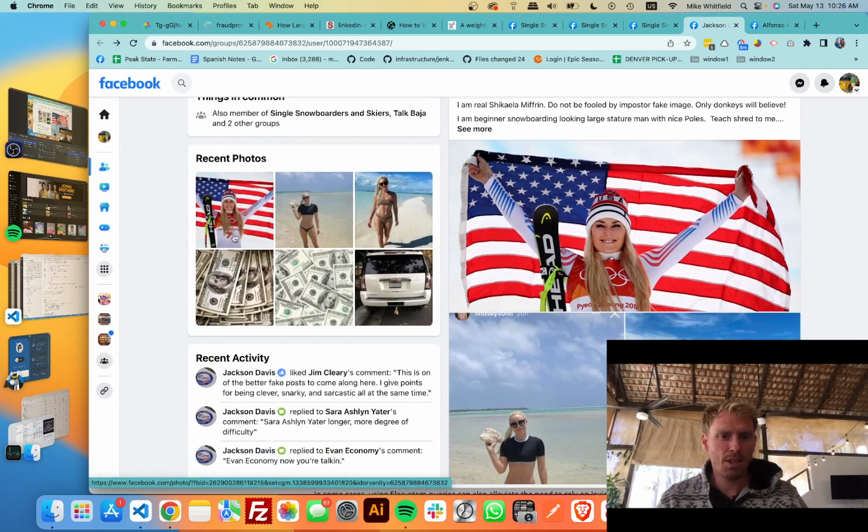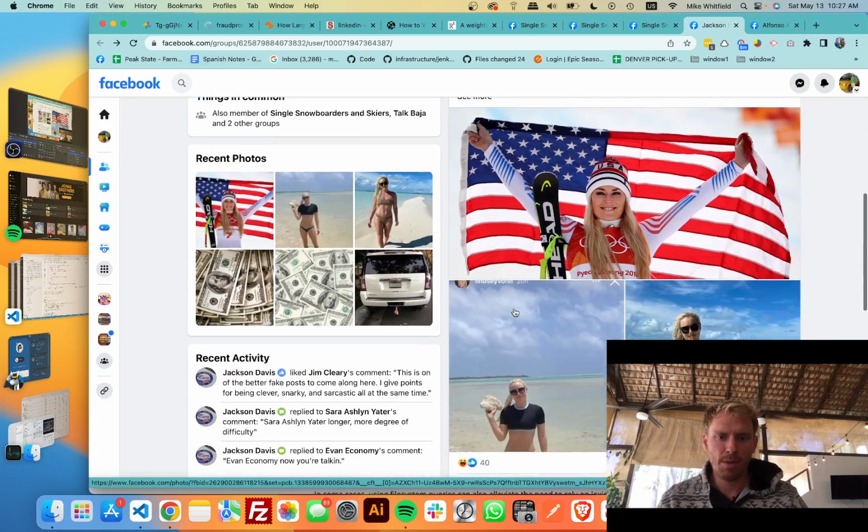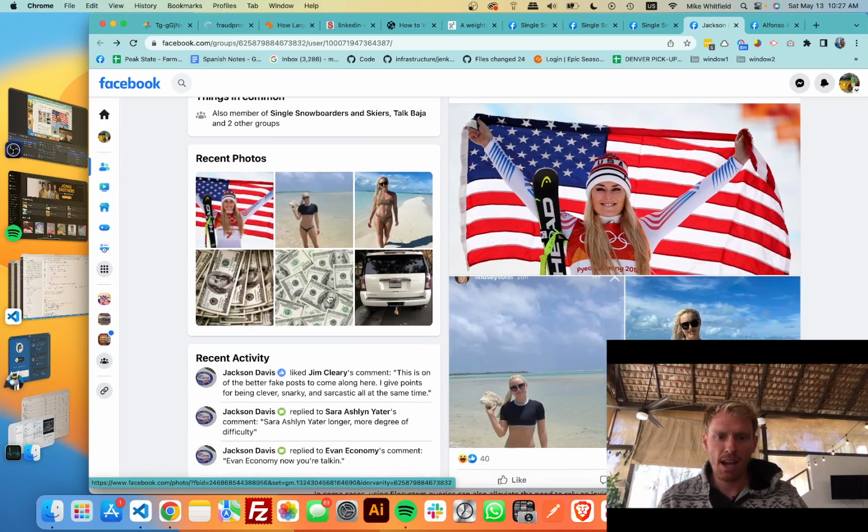And then there's these just really strange photos. He has photos, it's a dude's name with photos of a woman, and then there's photos of cash in a car. And so when we look at this kind of content, it just makes no sense.